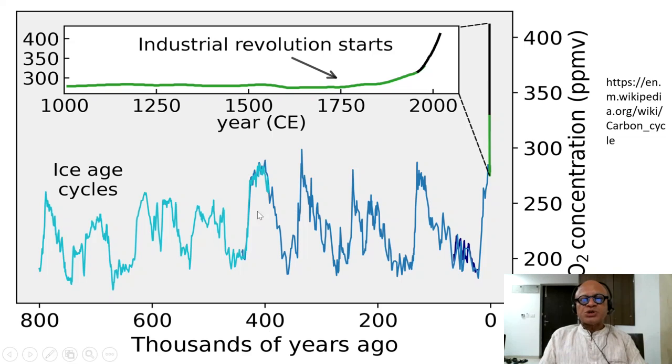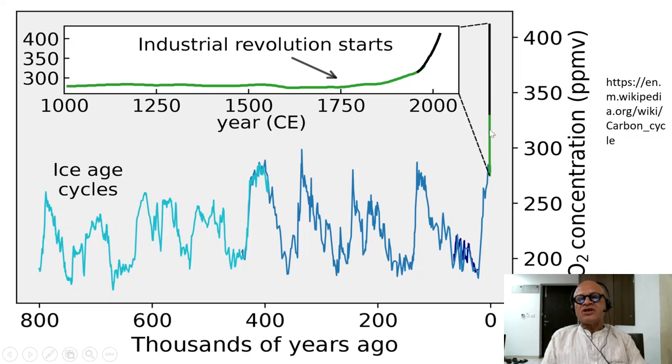And there is the big question of exactly what determines this 80 to 100 ppm change from glacial to deglacial and back. There are many hypotheses, which means that we don't know for sure whether there is only one mechanism working or there are multiple mechanisms working.